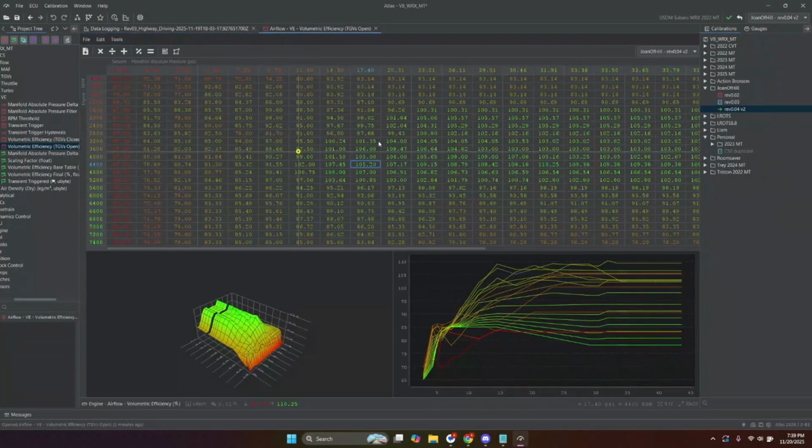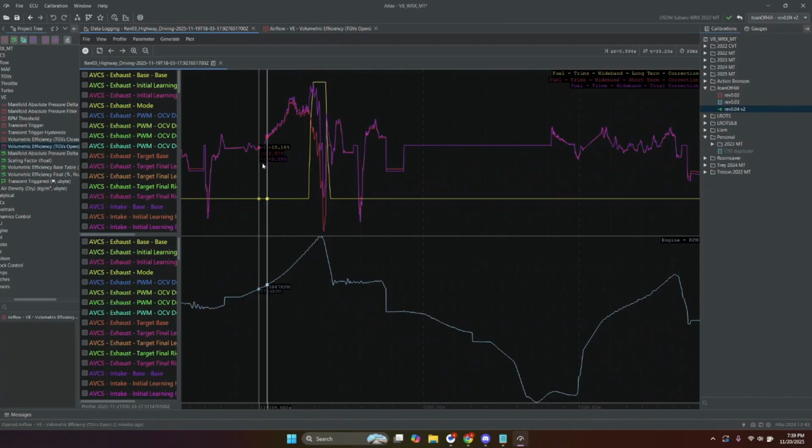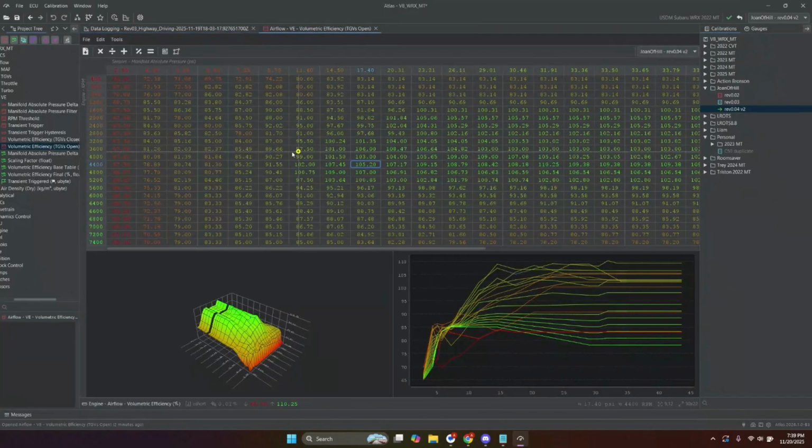The other really cool thing about speed density, and I don't really know the reason for this to be entirely transparent, is that when you're dialing in MAF, you basically want to take the square root of whatever the correction factor is. When you're dialing in speed density, you can essentially take your trims and act like they're gospel. So negative 10%, we're running 10% too rich. That means VE thinks there's 10% too much air, which means VE needs to go down by about 10%.